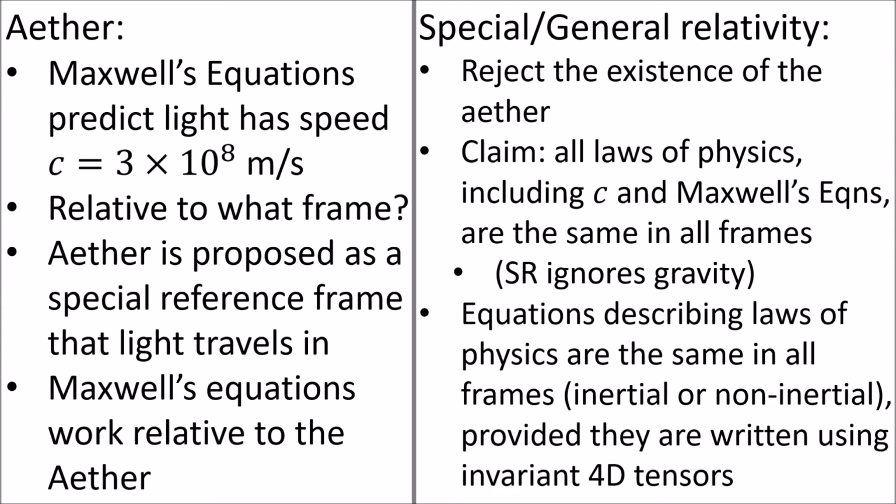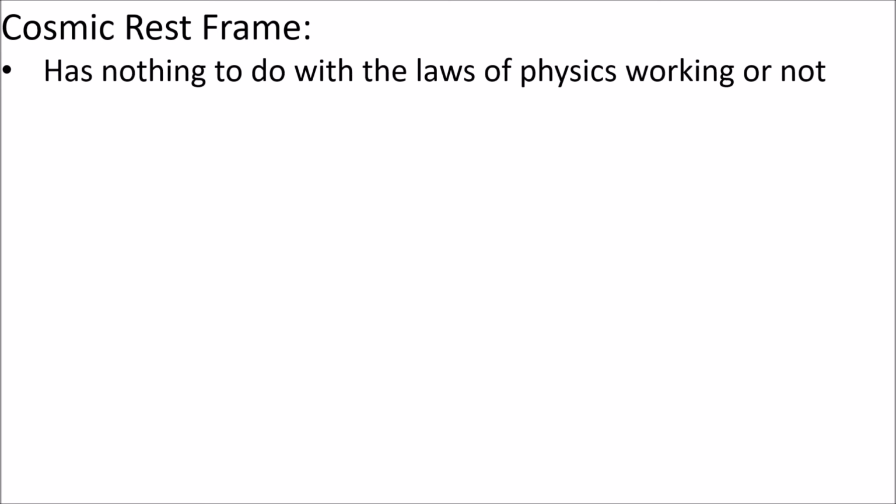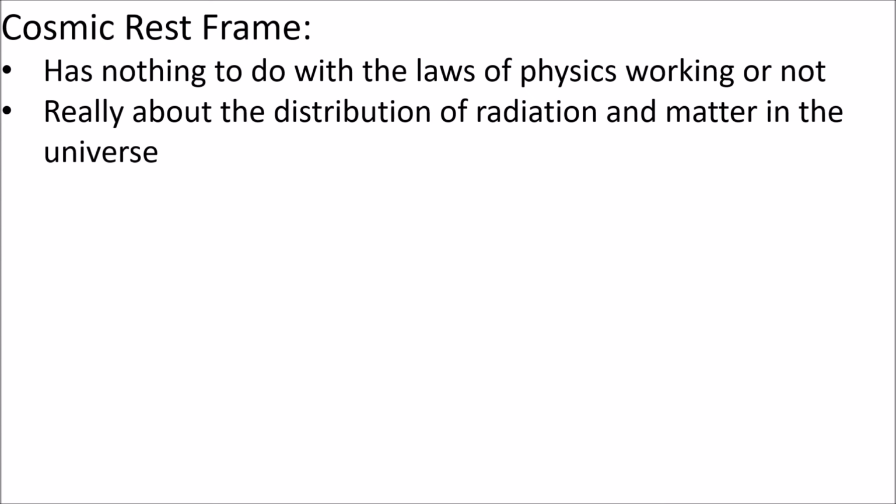As long as we write the laws of physics using invariant four-dimensional tensors, the equations describing the laws of physics will be the same in all frames. So the cosmic rest frame in general relativity has nothing to do with the laws of physics working or not working in special frames. The cosmic rest frame is really about the distribution of radiation and matter in our universe.